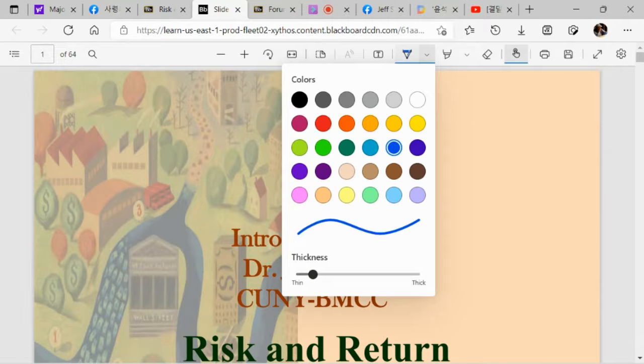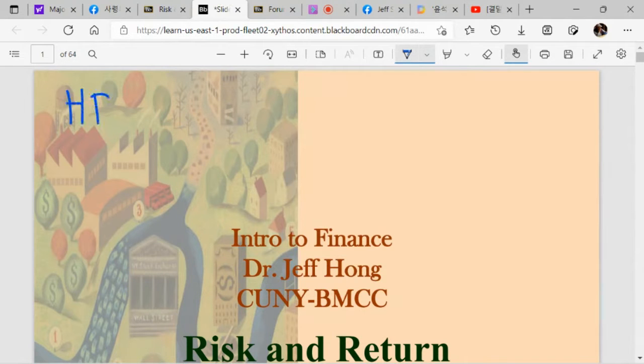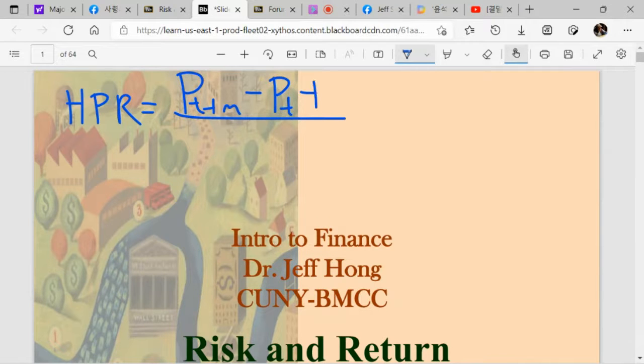We talked about holding period return, and we know holding period return is, if n is the holding period, P at t plus n minus P at t, price at time t, plus all the cash flow during the holding period, divided by P at t.